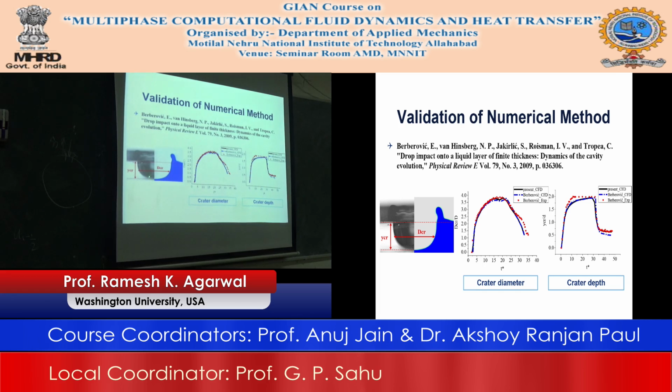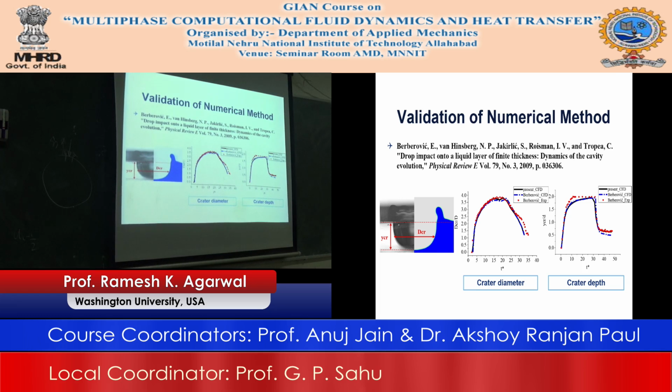One of them is the crater that is created in the film, and the other is called the crown. This is the kind of nomenclature that people use. Right now we will not talk about the crown. This is the crown of the droplet, and this is the crater that is created in the film.